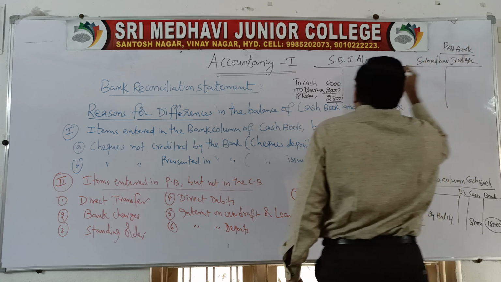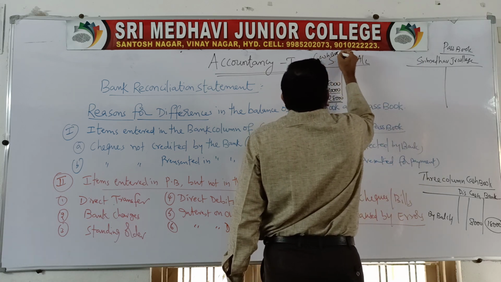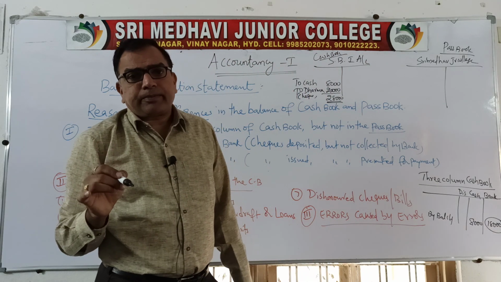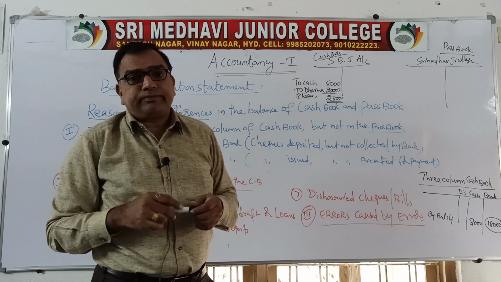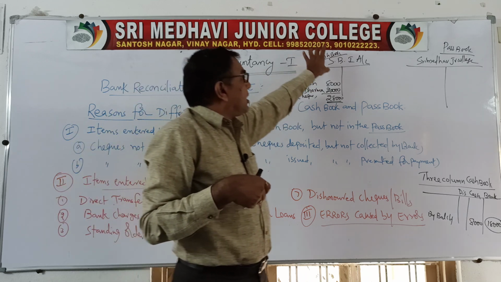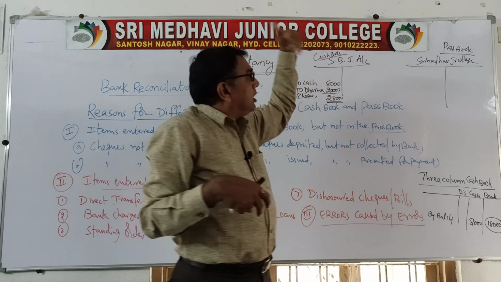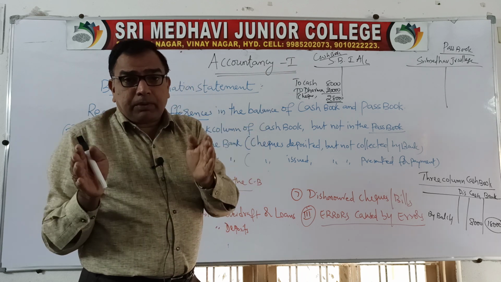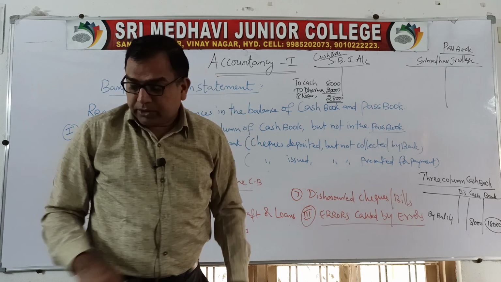The bank prepares a passbook, whereas the business organization prepares a cash book. Remember this point. Business organization means we, the customer. Sri Medhavi Junior College is the customer of State Bank of India. So we prepare the bank account, that means the cash book. In the cash book we will have the bank column. The bank prepares the passbook. The customer prepares the cash book.